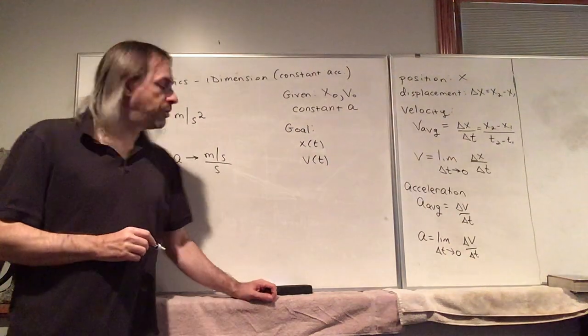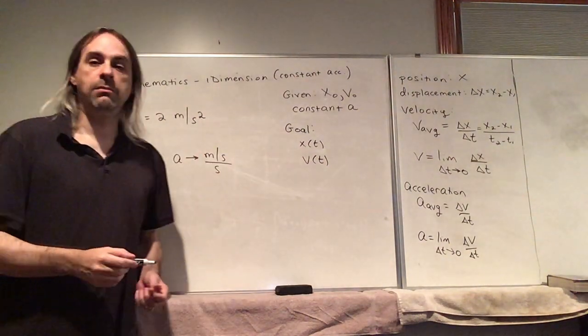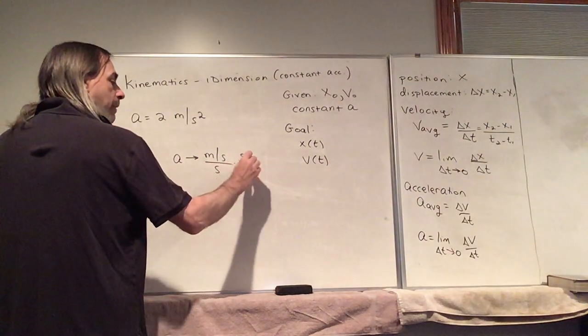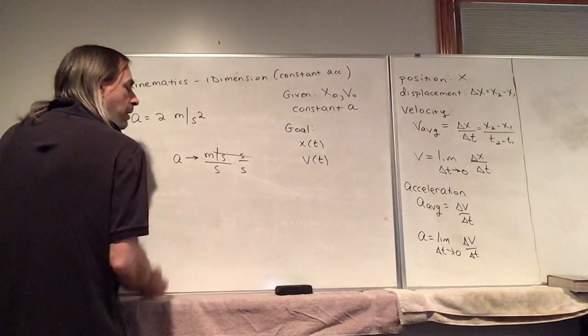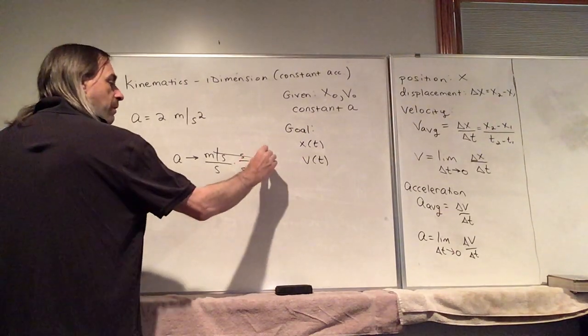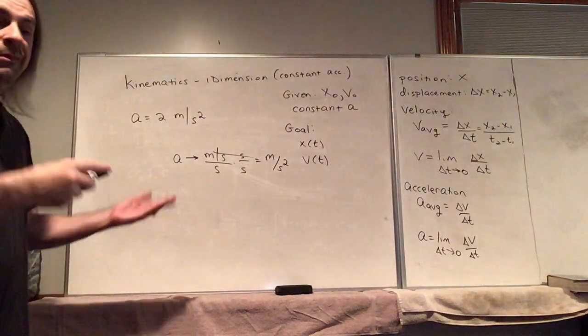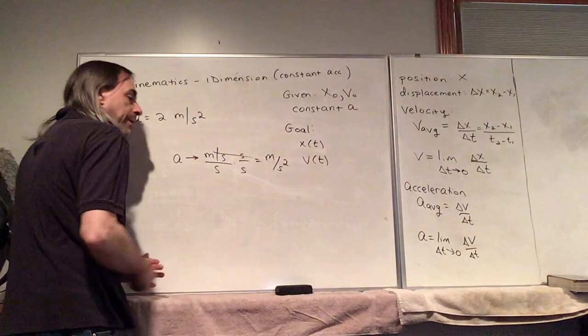In the old days, they used to pronounce this meters per second per second. But now what we do is multiply the top and bottom by a second. So those cancel out, and we get meters per second squared. Either one's fine, but that's usually what it's called now.